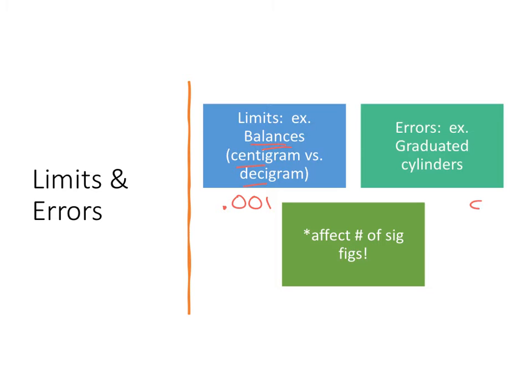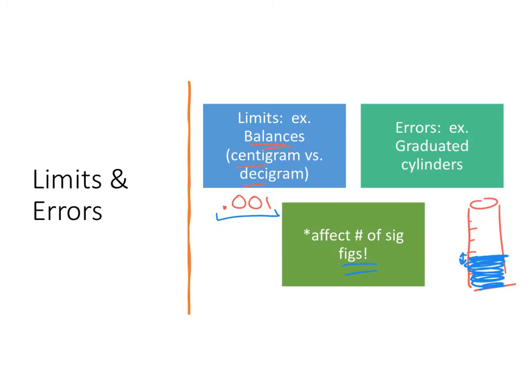But if you think of a graduated cylinder, very similar to the ruler example, you just have those tick marks on the side and you're trying to estimate how many milliliters this liquid is. It gets especially more difficult when you're looking between 2 values, and this is going to affect our number of significant figures.